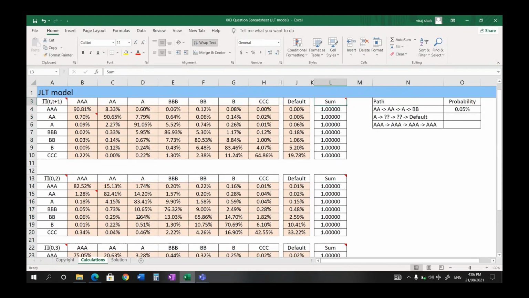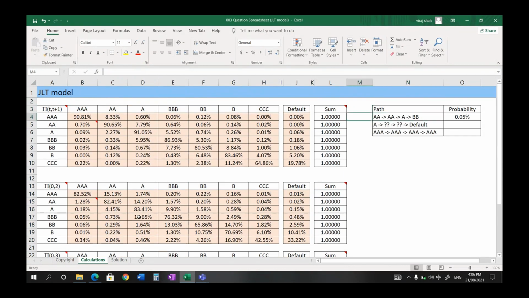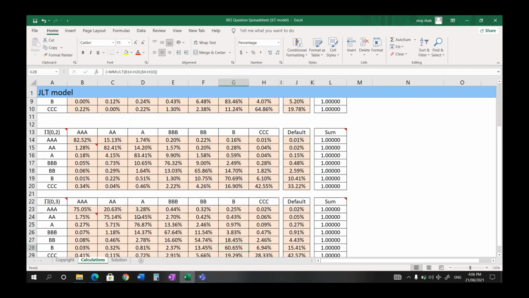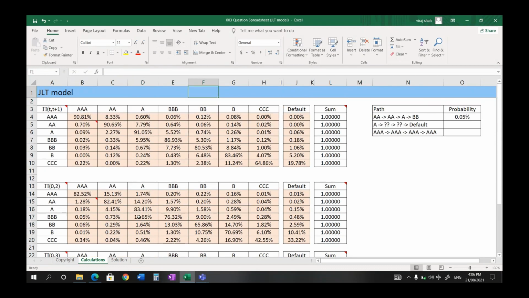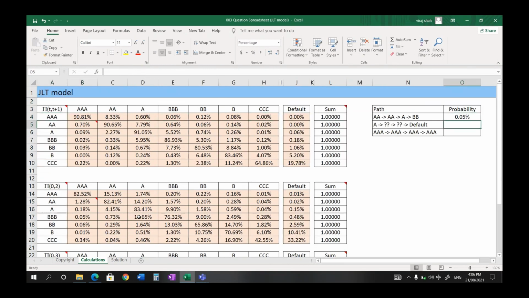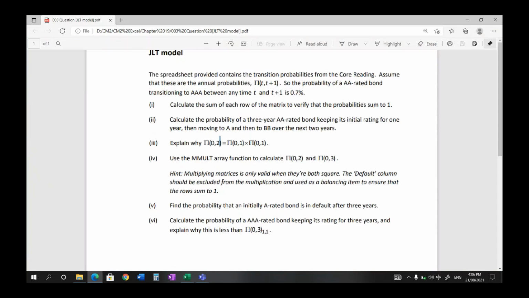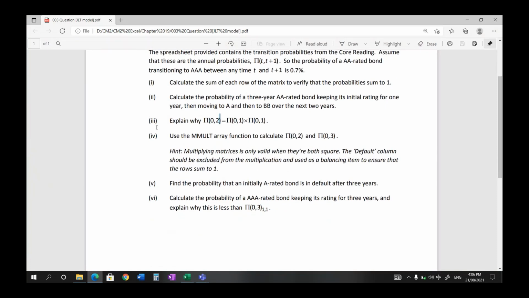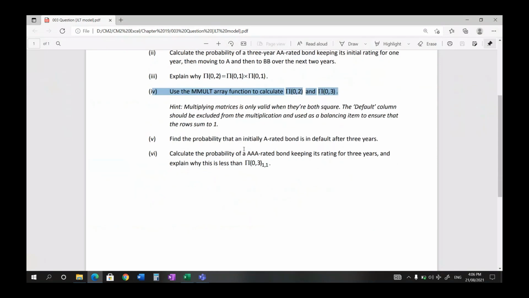Now you could compare this also: what is the probability of going from AA to BB? The probability is 0.042, which is around 0.05, so it's approximately the same. Now the second and third ones are done, MMULT 0 to 3 done, 0 to 2 done.